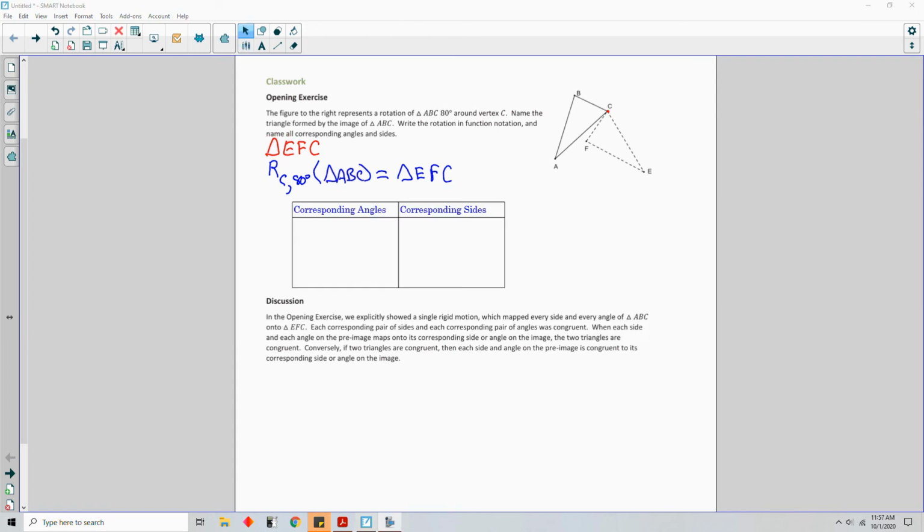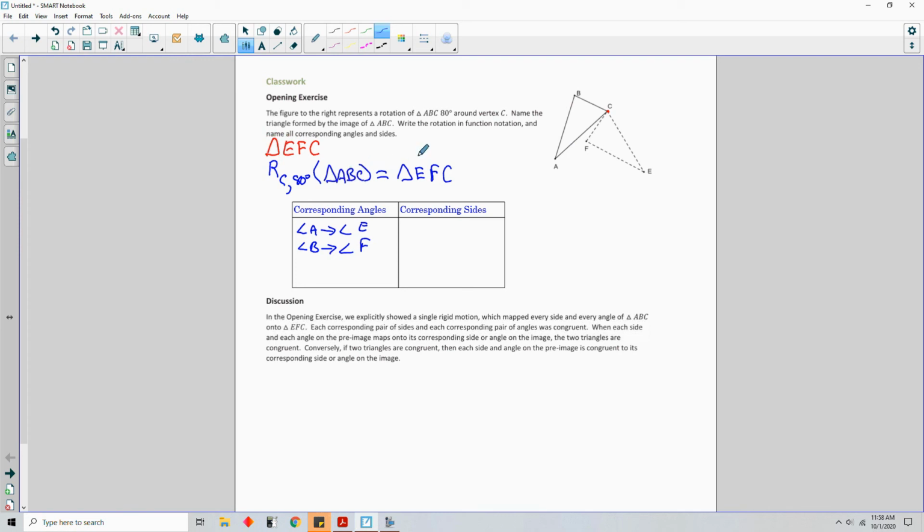Okay, so I created this little table here, and now we're going to fill it in. So corresponding angles, let's start in alphabetical order. Angle A corresponds to angle E. Angle B corresponds to angle F. And you can get this from the name too.